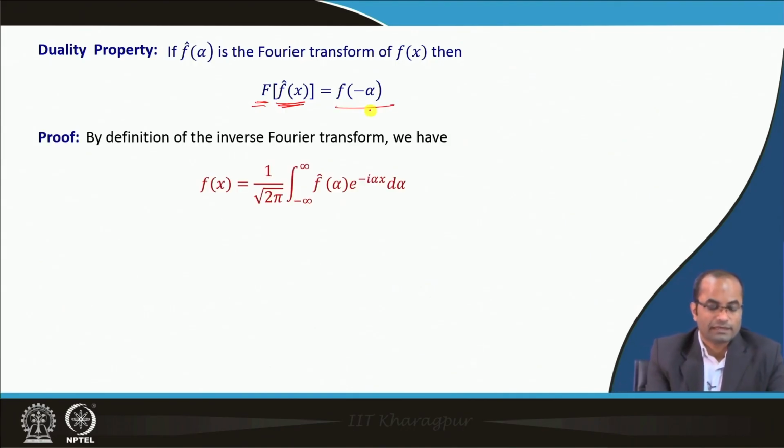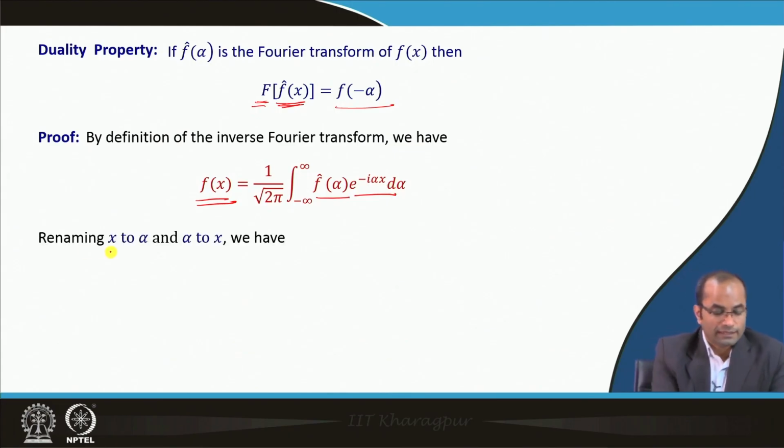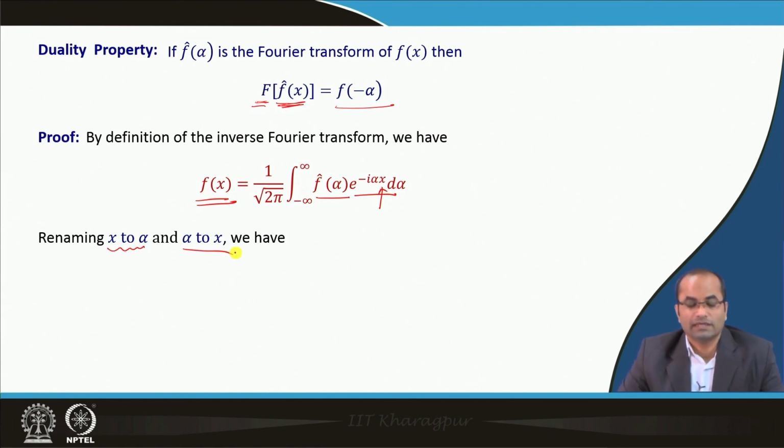We can check this again with the help of the inverse Fourier transform. We know that f(x) is 1 over square root 2π, integral of f hat(α) e^(minus iαx) dα, and then we just need to rename x here to α, and α to x. We will just change their names.